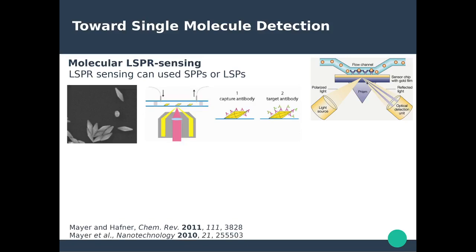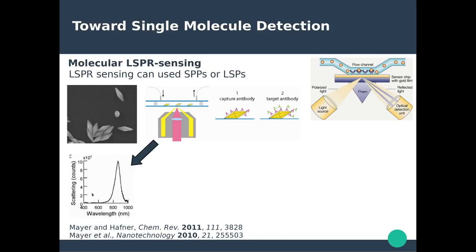So this has also been done by Katie Mayer and Jason Hafner on single nanoparticles using gold nanoprisms. Those gold bipyramids and nanoprisms are functionalized to be able to capture antibodies. And then when you have those antibodies that are captured by the nanoparticle, you try to detect those events.